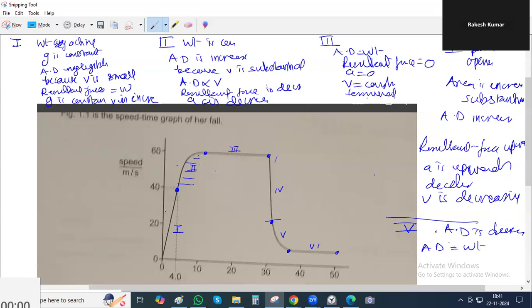It's still greater, but very slightly. Here it was much greater than the weight. Here it is slightly greater, and in the sixth part, air drag becomes equal to the weight, and there is a new terminal velocity, which is much smaller, about 15. So this is a proper answer.